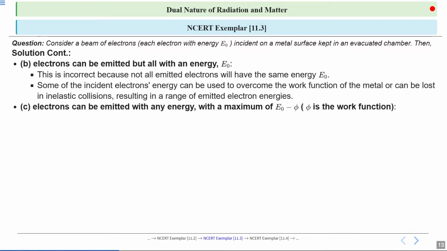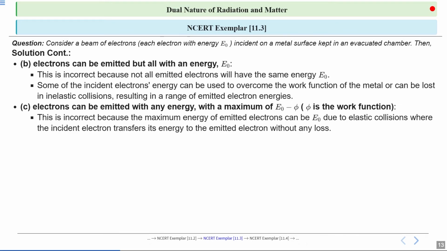Now let's look at option C, which says electrons can be emitted with any energy up to a maximum of E naught minus phi, where phi is the work function. This option is trying to connect to the photoelectric effect, where light knocks electrons out of the metal. But this is also incorrect. In this case, the maximum energy of an emitted electron can actually be E naught, especially if the collision is elastic and the incident electron transfers all its energy to the emitted electron.